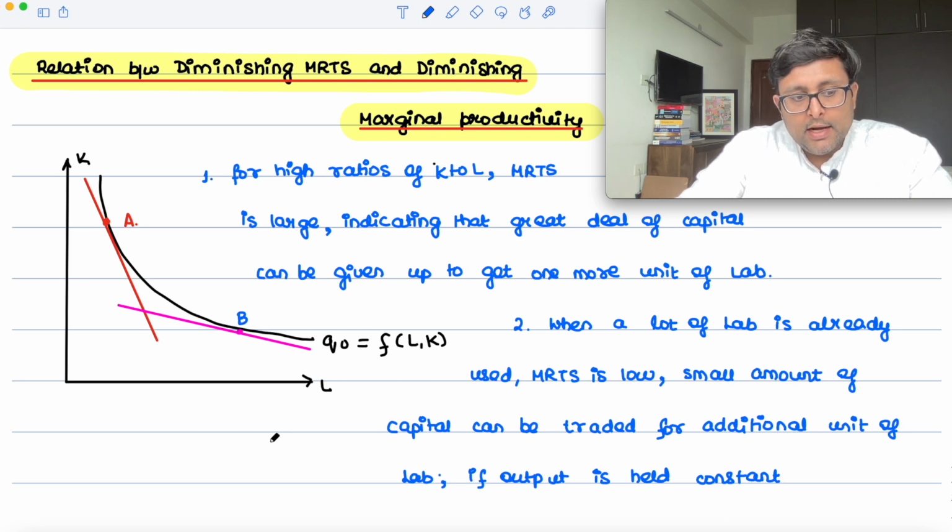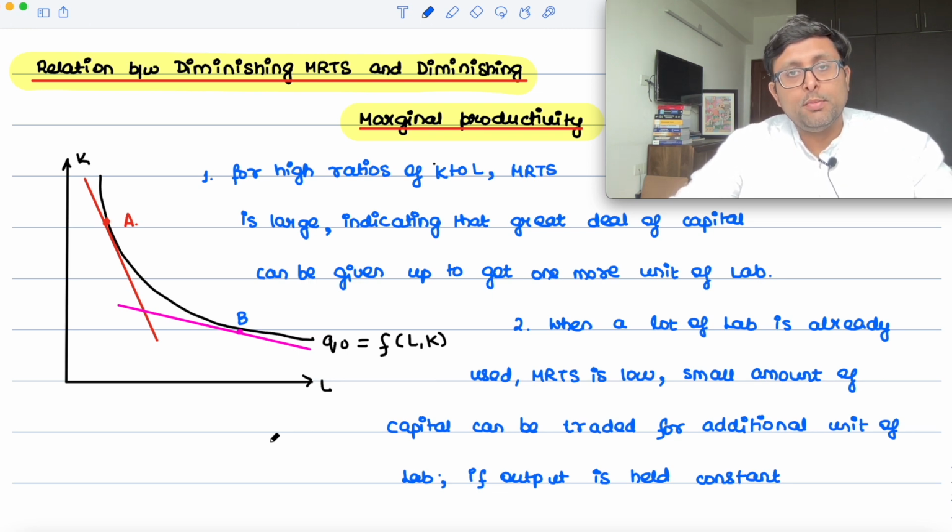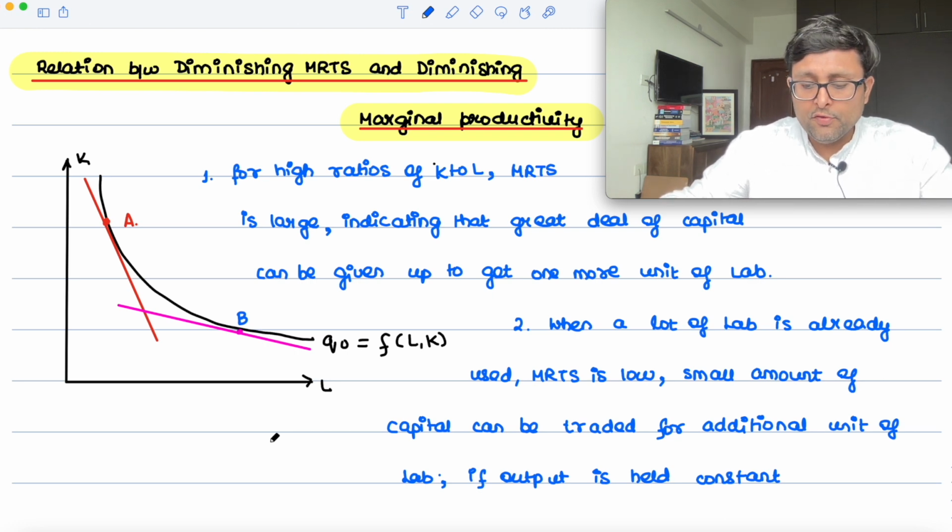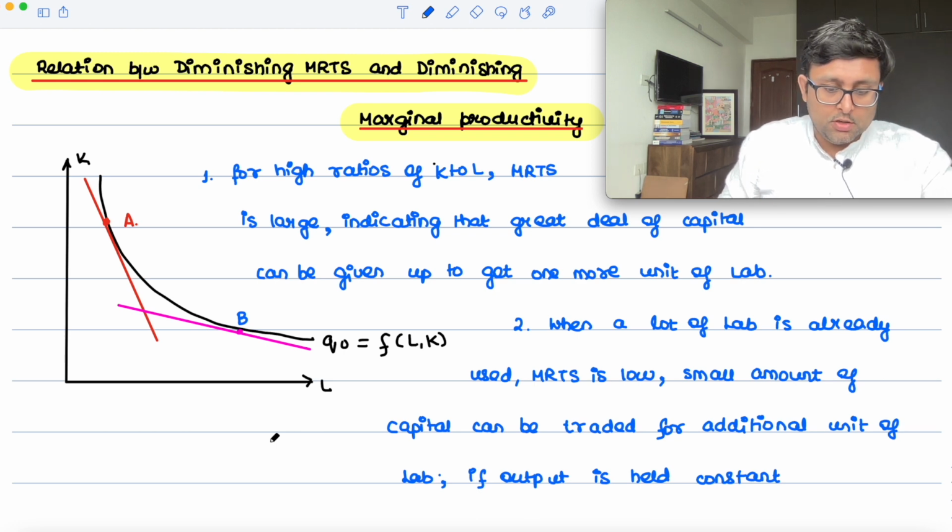Now the question is that it is not possible to derive diminishing MRTS just by the assumption of the diminishing marginal productivity of labor and capital, because marginal productivity of labor is not a function of only labor, it is a function of capital as well, right? So it depends upon the other input also. So you cannot derive diminishing MRTS just by having an assumption of diminishing marginal productivity, right?